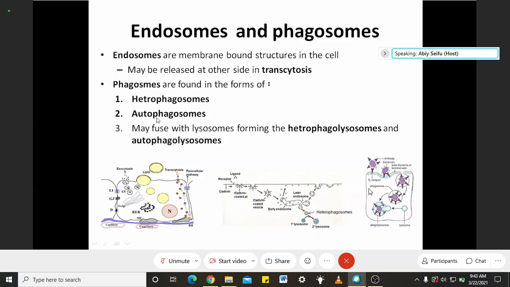So these are nothing but, again, phagosomes. They are, however, self, so we call them auto, in contrast to the heterophagosomes internalized from outside.